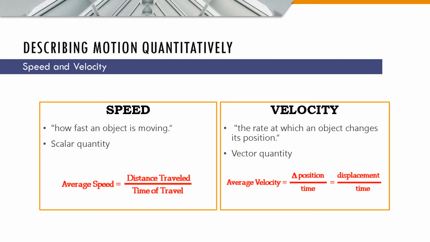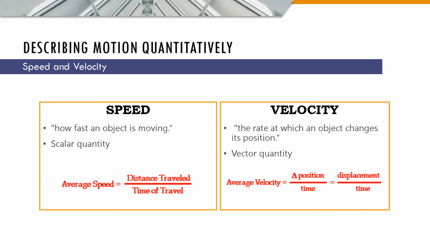So, next concepts that we have to discuss in order for us to describe motion are speed and velocity. Kagaya po ng distance and displacement, meron din tayong scalar and vector quantity. Let us first define speed. The definition of speed is it describes how fast an object is moving, while velocity is the rate at which an object changes its position.